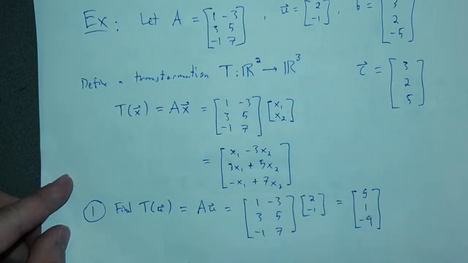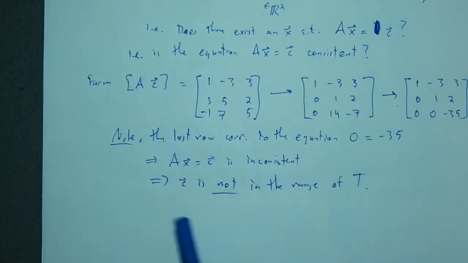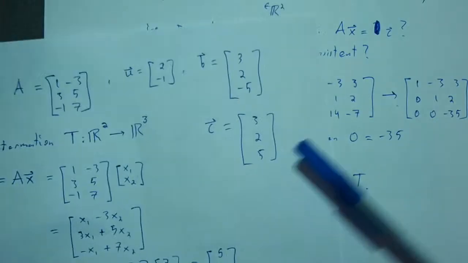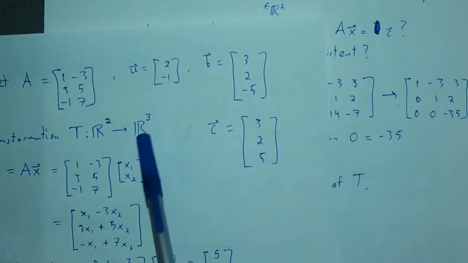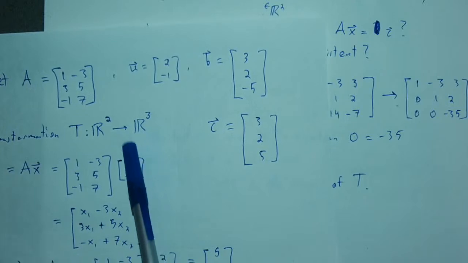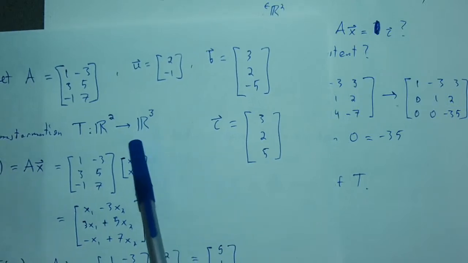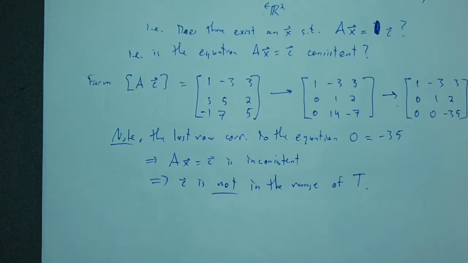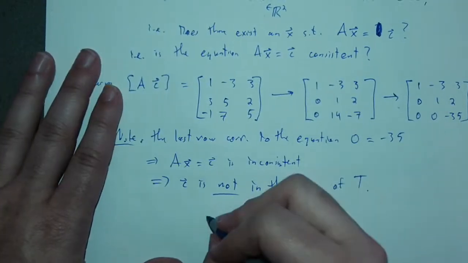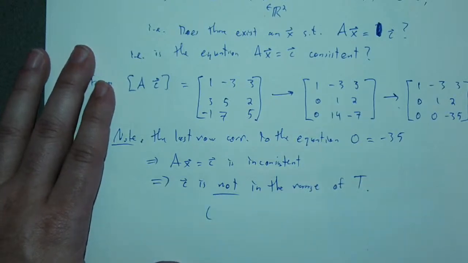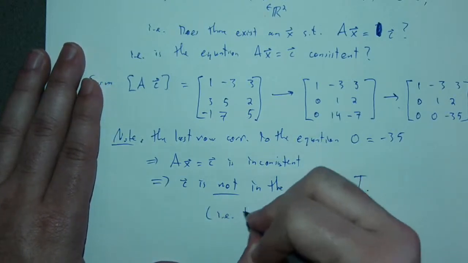Okay, but not always. In fact, here's an example. This T does not contain C, right? Our C is the vector 3, 2, 5. Nothing special about that vector. That vector is definitely an inhabitant of R3, right? It lives in R3, but it's not in the range of T. So the range of T is not all of R3.